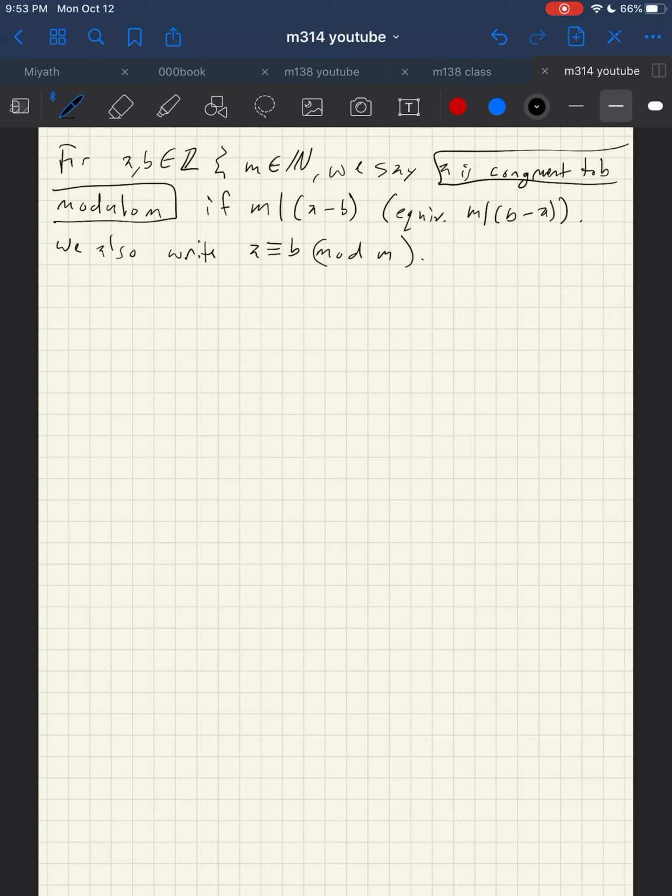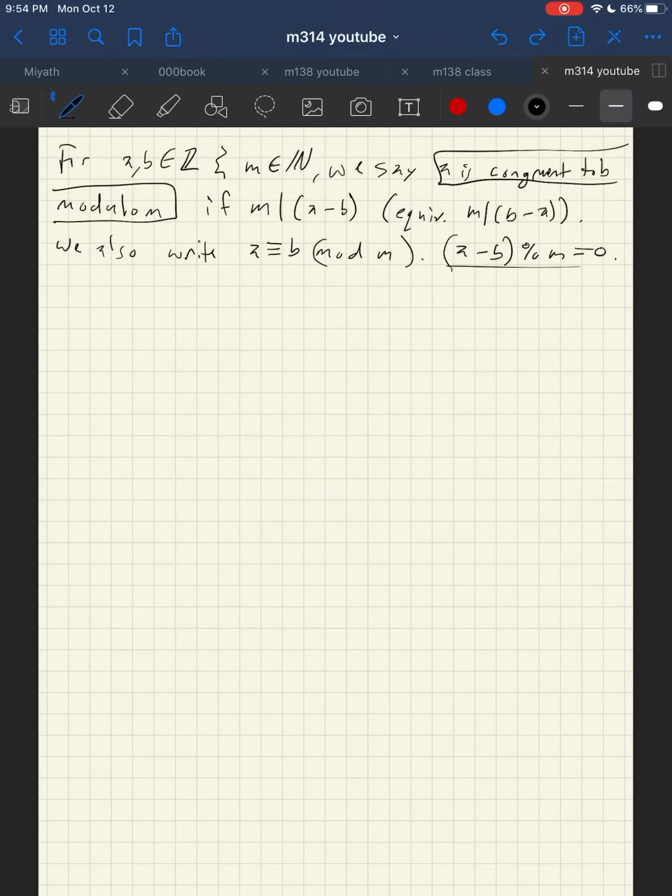And you can think of this as a minus b percent m equals 0. Now we'll eventually prove this later, but this is just another way of thinking about it, for those of you that know about the modulus operator from programming.